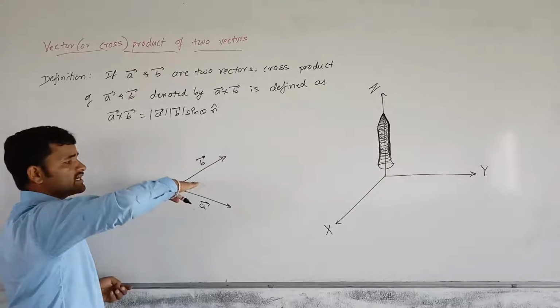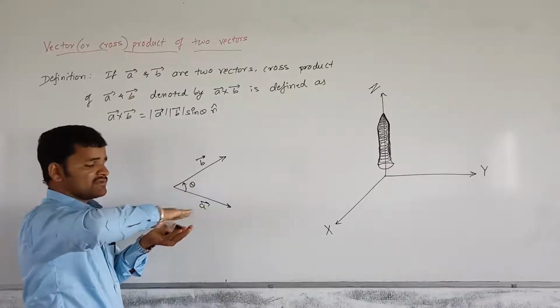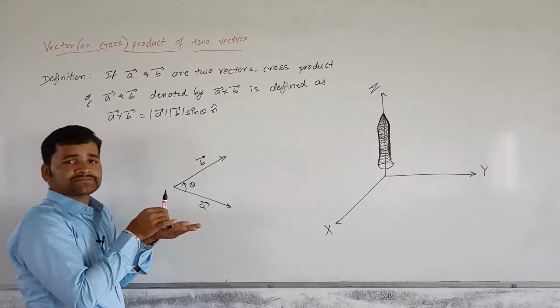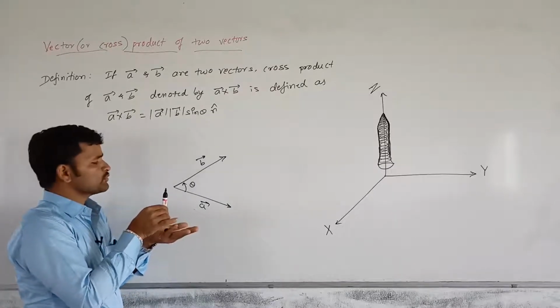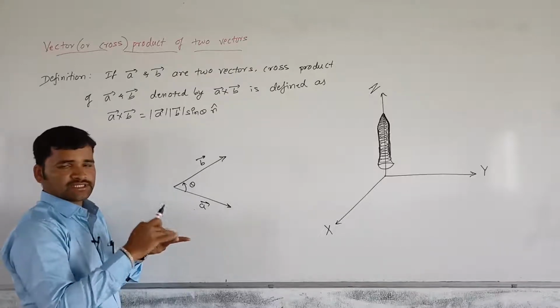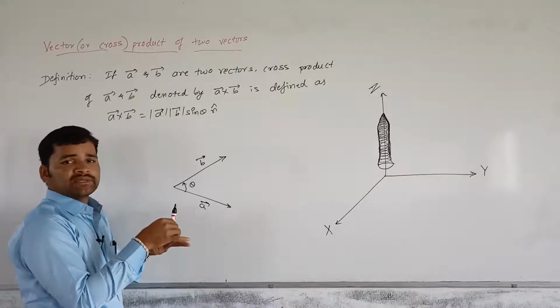Suppose vector A and vector B are lying on a plane like this. If A and B are lying on a plane, then n cap will be perpendicular to both A and B. Suppose these two are vector A and vector B. Here will be n cap.